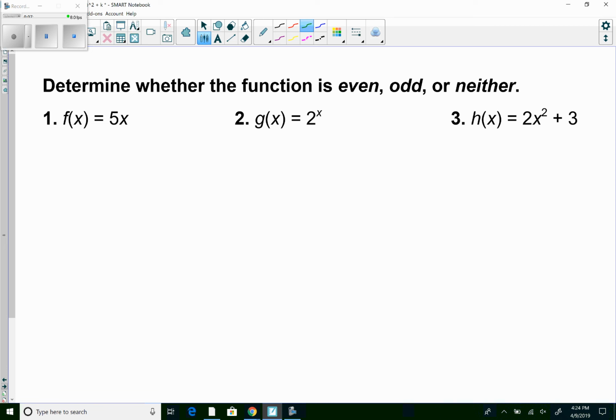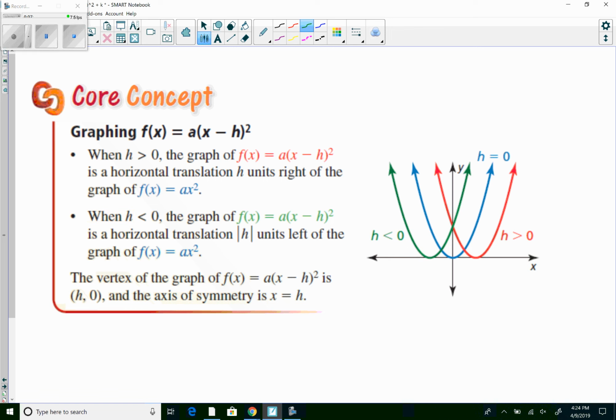And then here we're going to get into more of the graphing side of things. Okay? So just a couple of things to look at. Number 1, this guy right here, right now for us, this is probably the most important thing that we want to look at. Your H value. H controls the horizontal.